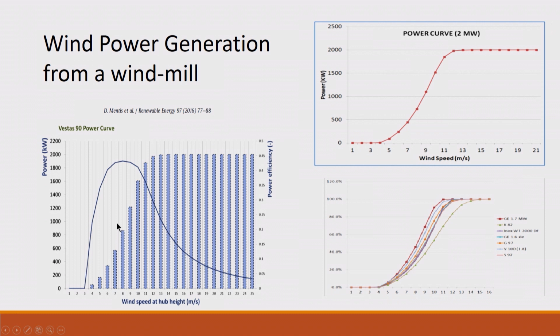So, this is the peak efficiency, and then it will fall down. Why? Because you have reached the capacity, beyond that the windmill cannot produce, and the power produced of course does not fall. Power produced hits close to 2000 kilowatt, 2 megawatt at the peak.